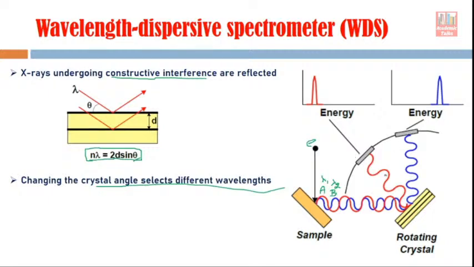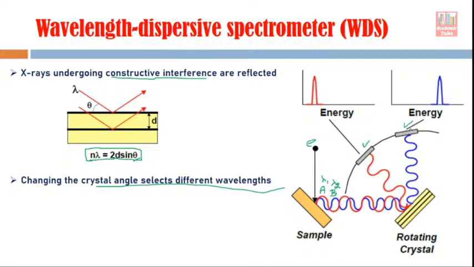Since they are diffracted at different angles, we have to place detectors at the right positions. Once we know what kind of element we expect in the sample, we have some idea of what the angle of diffraction will be. According to that, we have to place the detectors here.